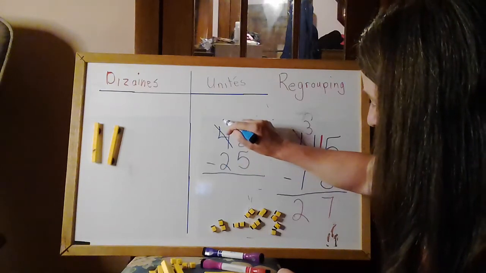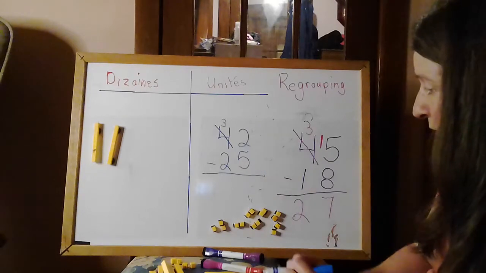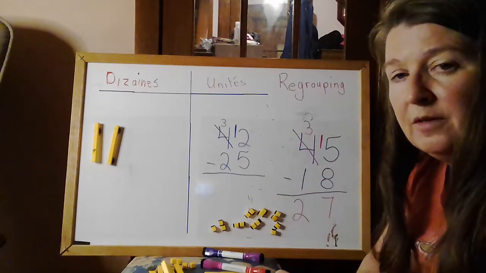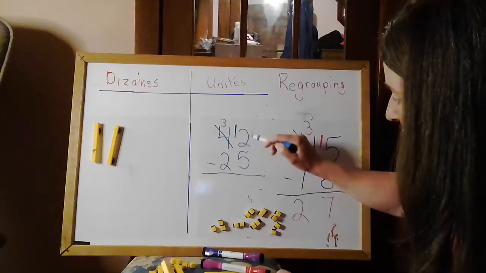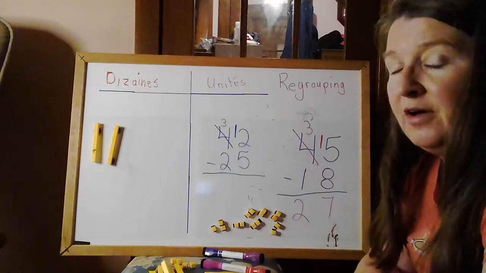Now, if I'm going to borrow, this goes down by 1. I don't have 4 anymore, I have 3. And that group of 10 moved over here. That makes for a 12. Now I have 12 take away 5. 12 take away 5 I can do.